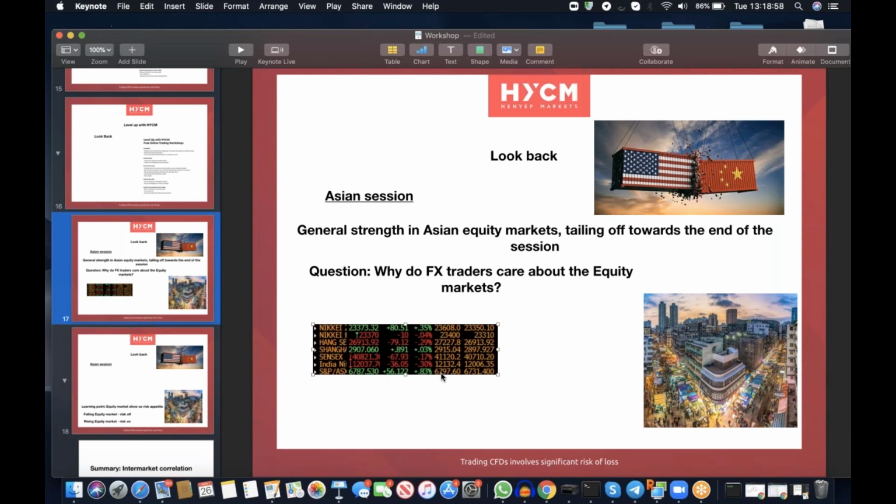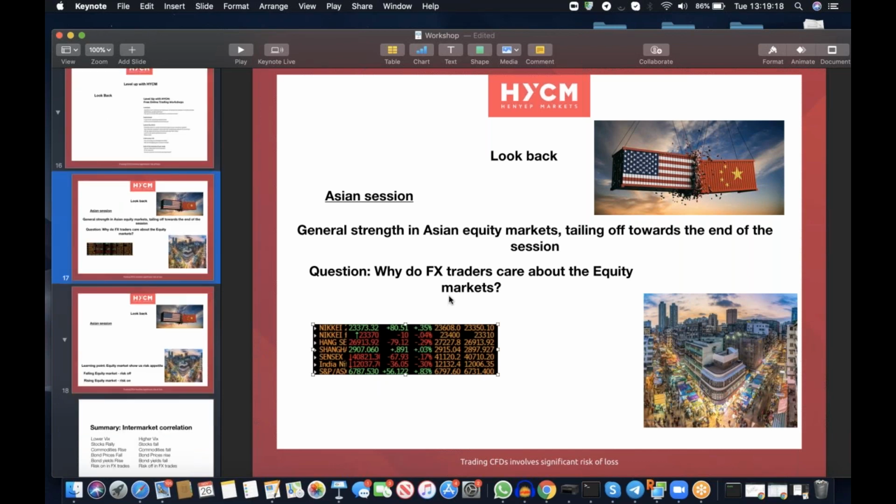So broadly higher. Now, the equity market kind of tailed off a little bit towards the end of the session. And when I first came to my desk, it was more optimistic coming from the Asian equity markets. However, that optimism in the market was all based on some good news between US and China trade talks.